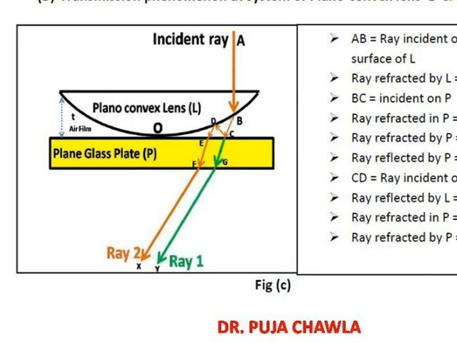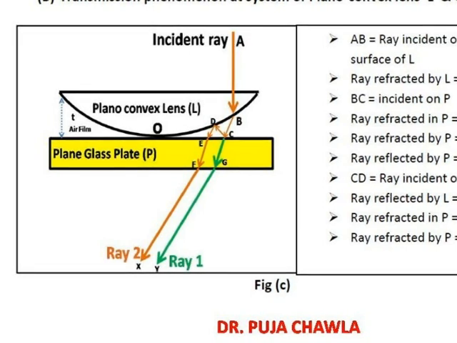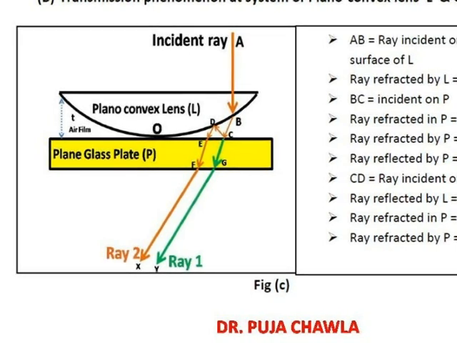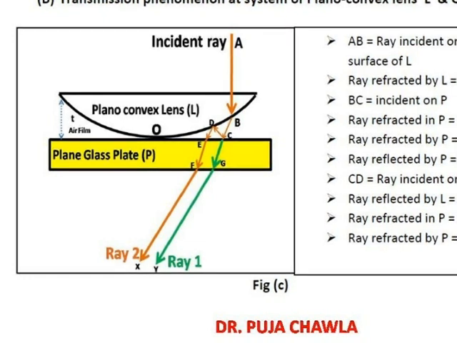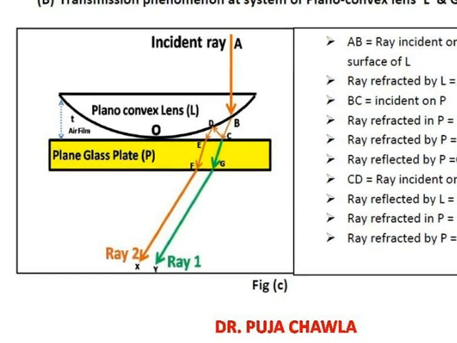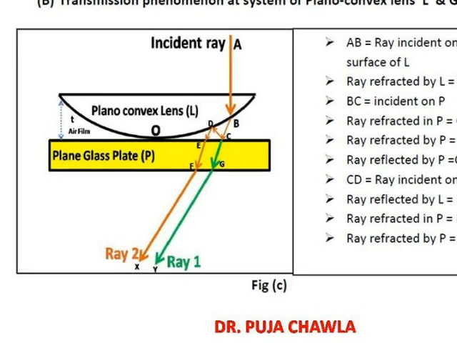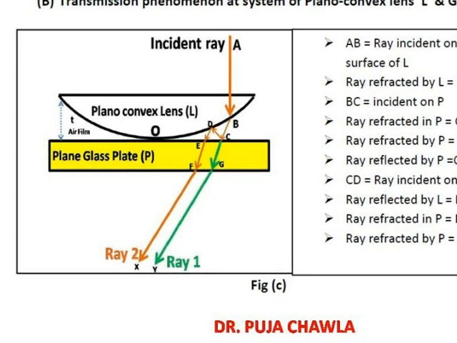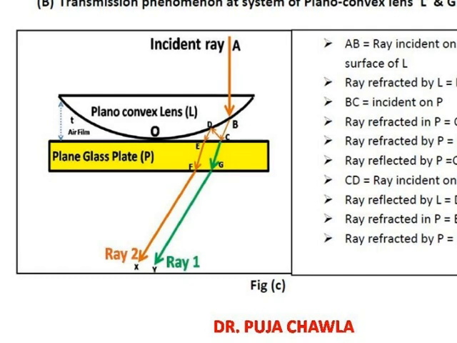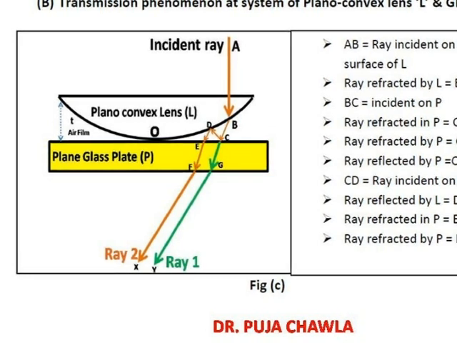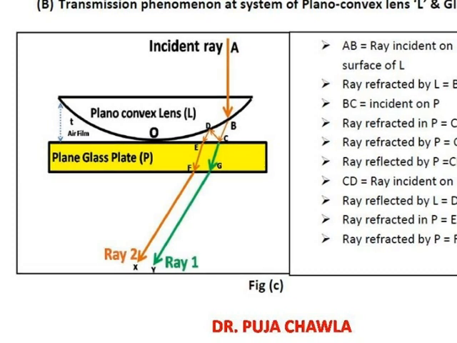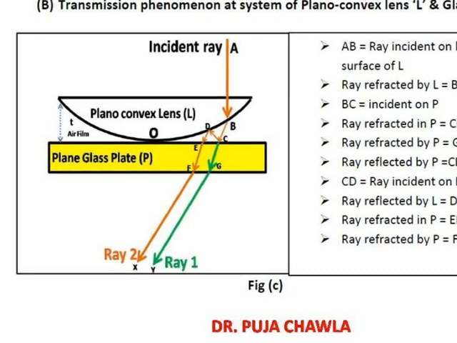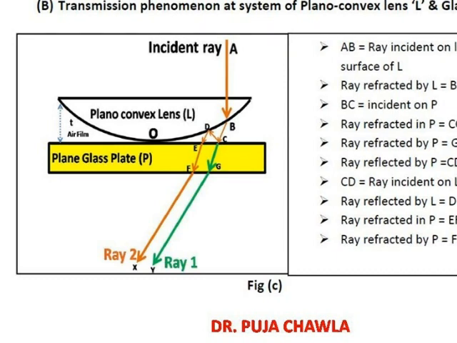This ray is transmitted through the plane glass plate P and emerges as ray number 2, the orange ray. Clear? Now we consider the second path that can be taken by the incident ray. The incident ray is AB. It is refracted by the plano-convex lens.